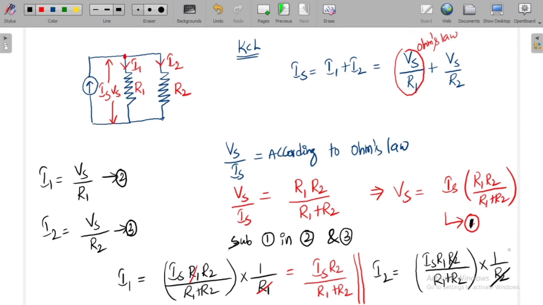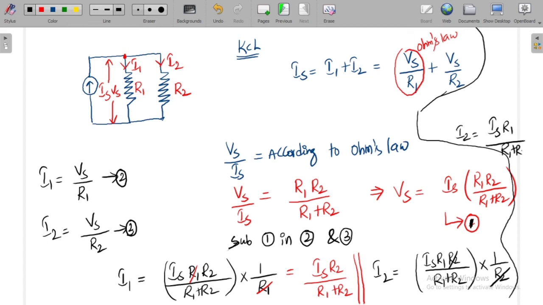Now R2 will get cancelled out. Now I2, which is the current flowing through R2. Okay, so I'm just getting some space here, writing on the same page itself. Now I2 can be written as Is times R1 divided by R1 plus R2.